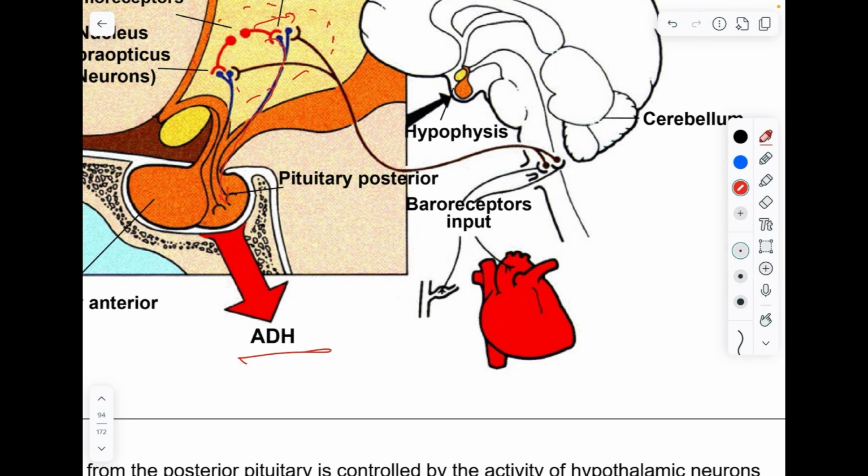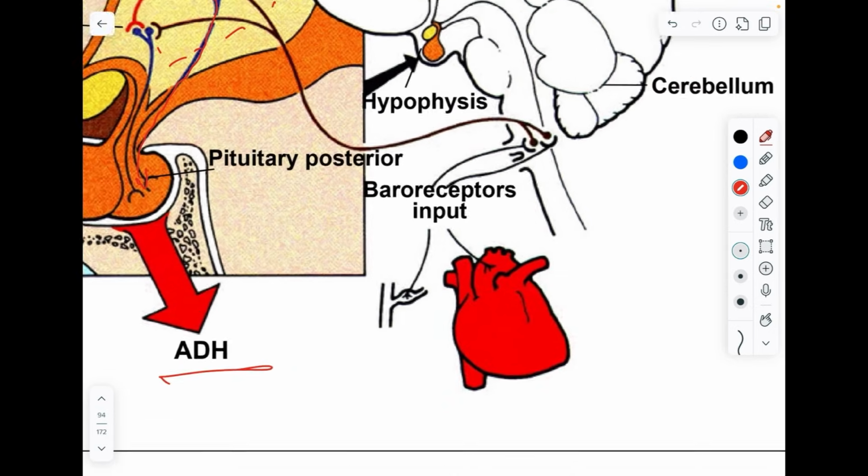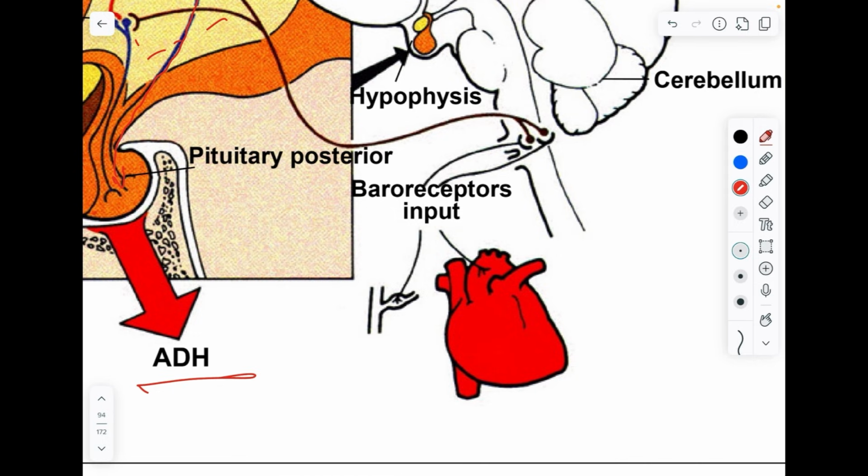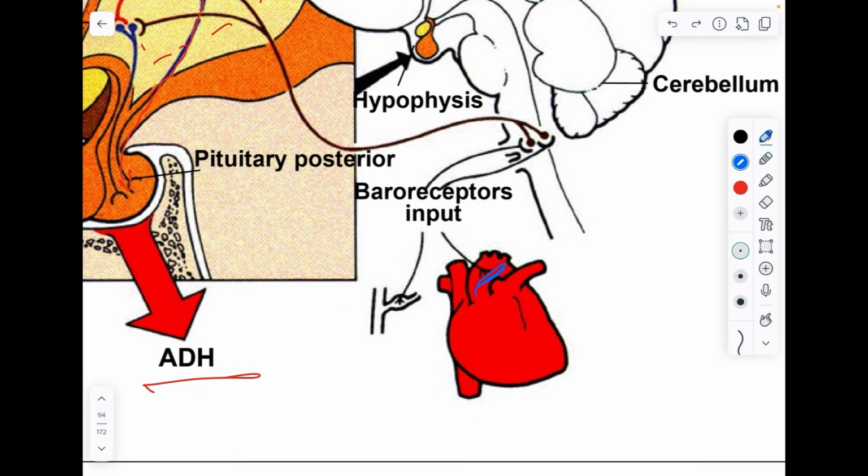Something else that induces ADH release is baroreceptors in the right atrium, let's make it blue. In the right atrium and in the carotid bodies. If you remember from CVS, these guys sense if we have high or low pressure.